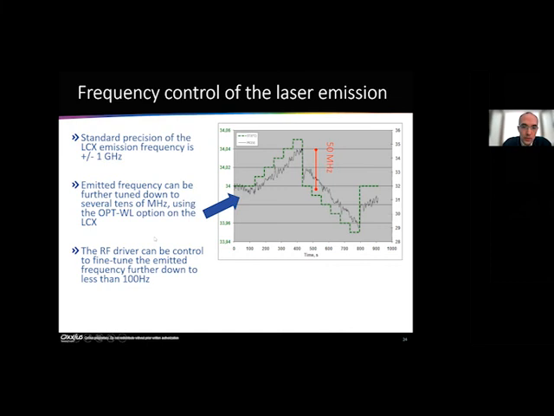And on top of this, if one used the RF carrier of the AOM, the modulator, with a specific driver that can control the RF carrier frequency down to less than 100 hertz, then the overall system can be used to control the emitted frequency to less than 100 hertz, which is where the iodine application can make sense.